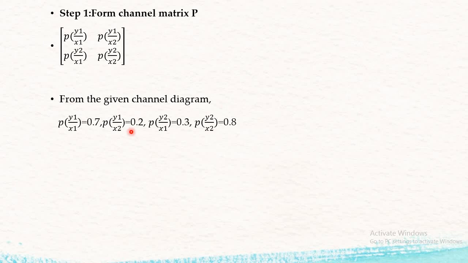From the given channel diagram, P(y1/x1) is 0.7, P(y2/x2) is 0.8, and likewise we put all these values in the formula, and we get the channel matrix as 0.7, 0.3, 0.2 and 0.8. So this is the channel matrix P.